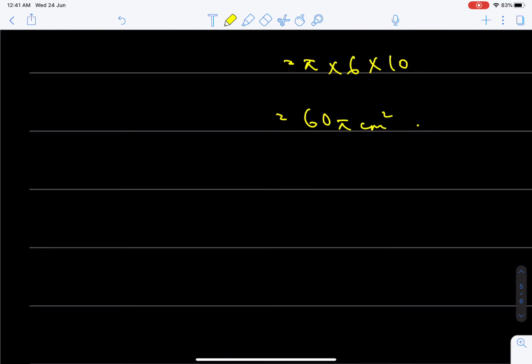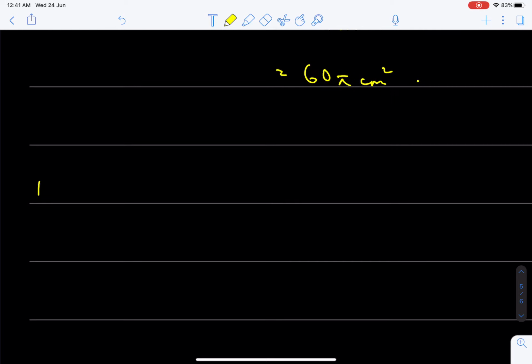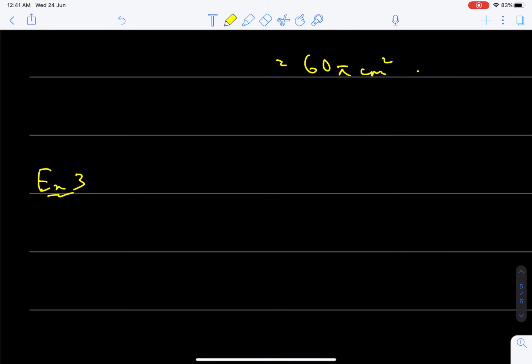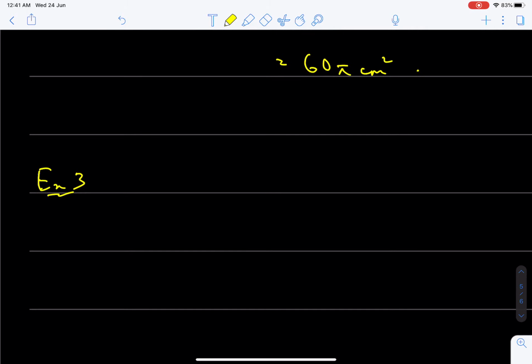Now to the very, very last example, example 3. Calculate. Okay, I think I'll make this an exercise instead.